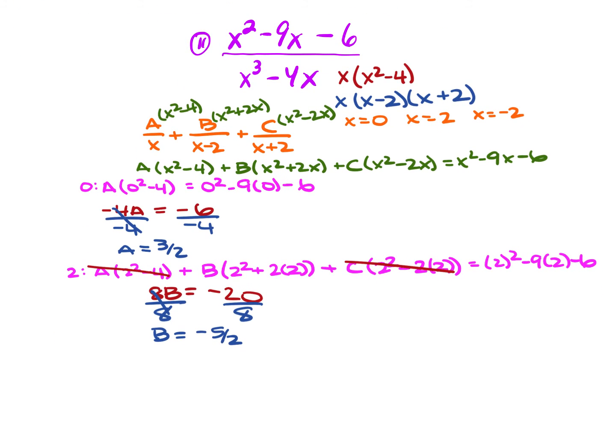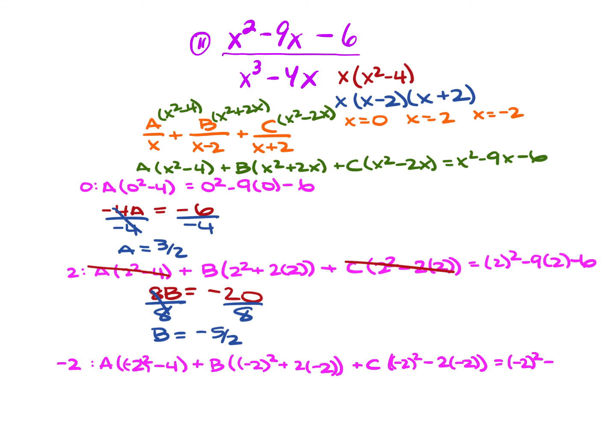We also want to do the negative 2. So this is going to be a times negative 2 squared minus 4 plus b times negative 2 squared plus 2 times negative 2 plus c times negative 2 squared minus 2 times negative 2 is equal to negative 2 squared minus 9 times negative 2 minus 6.